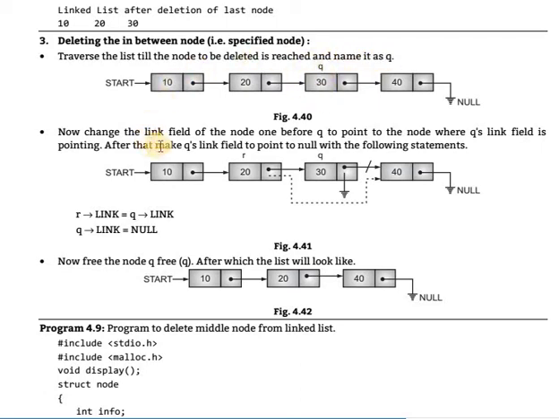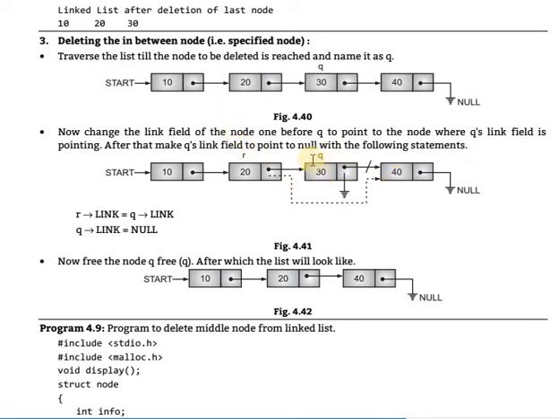Now what will happen? Change the link field of the node before queue. The link field of the node before queue will be changed to point to the next element of the node that will be deleted, creating the appropriate link.